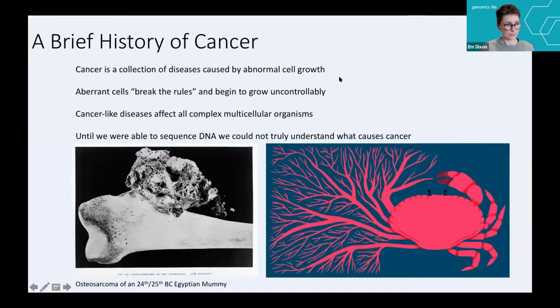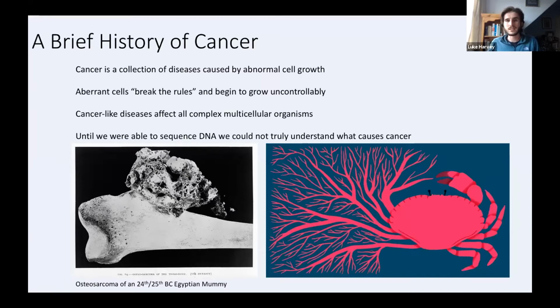So, a brief history of cancer, and just to remind you all of what cancer is. Cancer is a collection of different diseases, all caused by abnormal cell growth. What I mean by that is we have these badly behaved cells that break the rules and begin to grow uncontrollably.